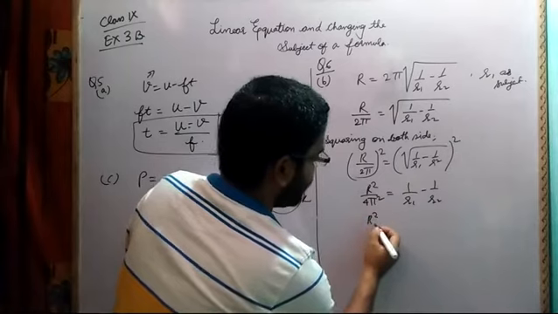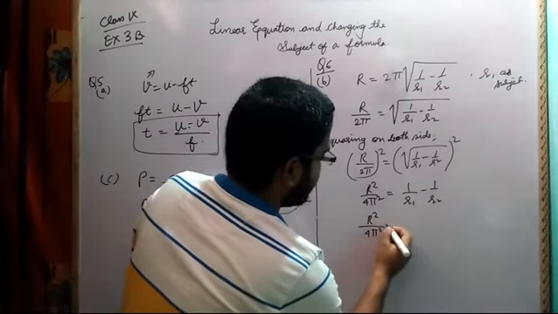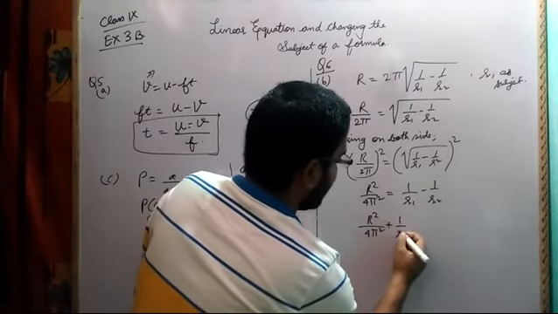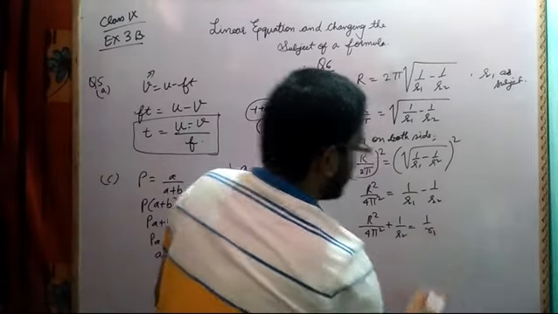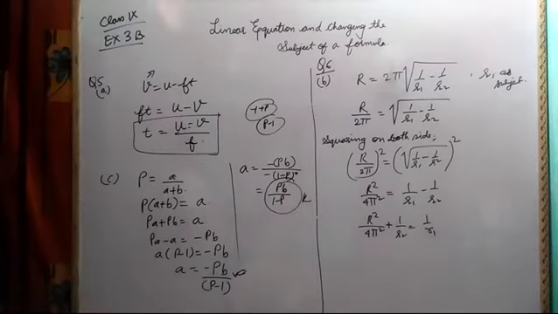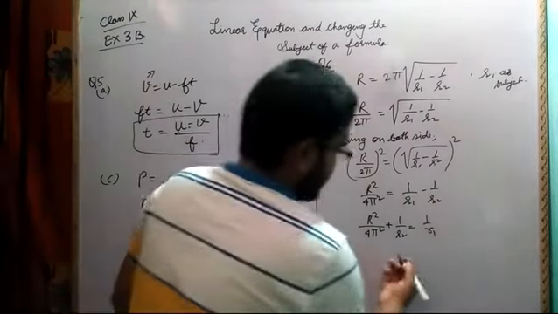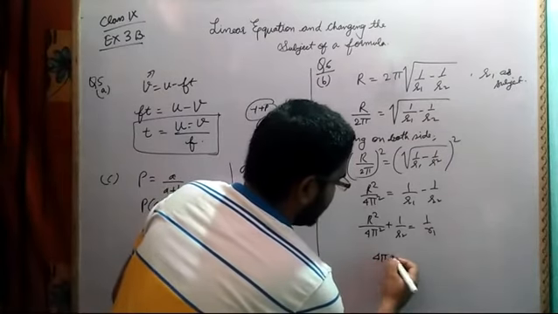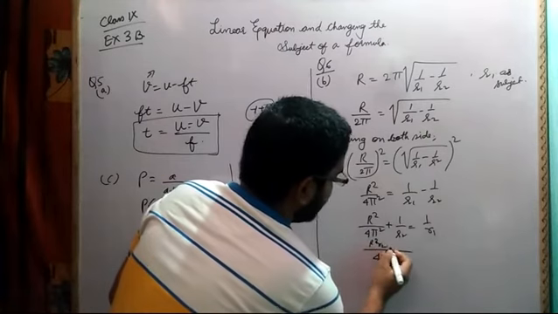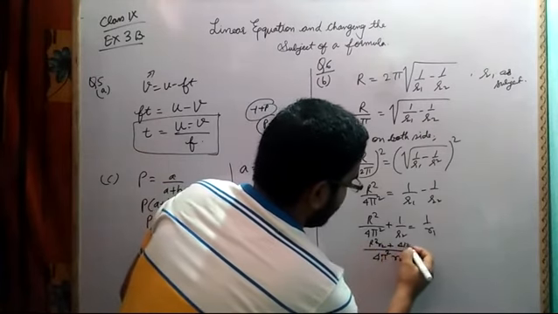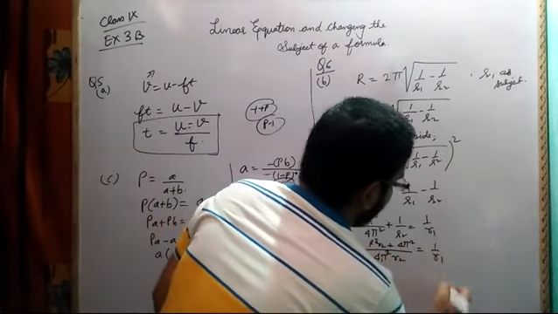So R square by 4 pi square plus 1 by R2 is equal to 1 by R1, correct? Now what we will do is first take the LCM, so it will become 4 pi square R2. This will be R square into R2 plus 4 pi square is equal to 1 by R1.